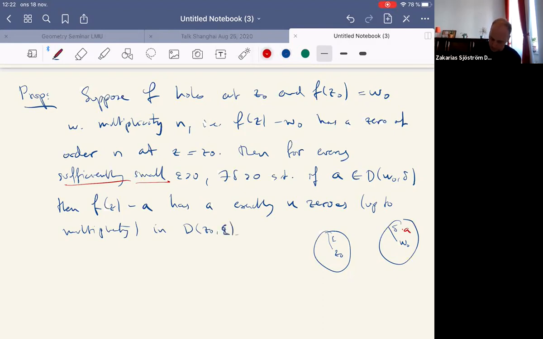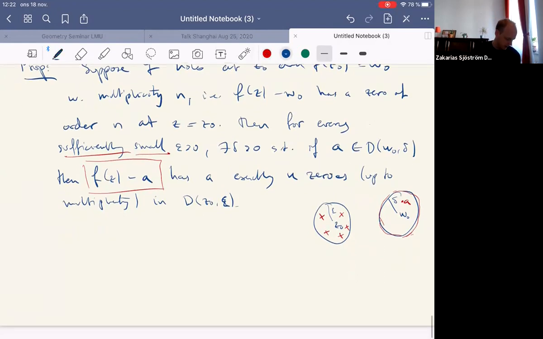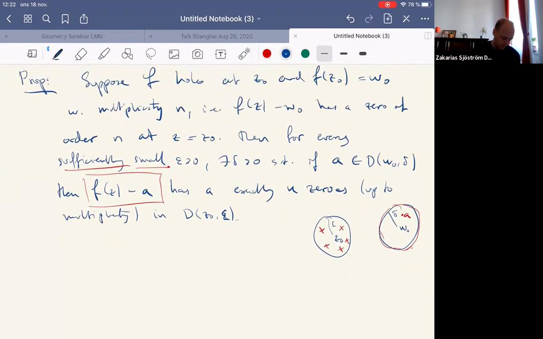So up to multiplicity, this a here has n pre-images in here. And this means then that this equation f of z equals a must have n solutions if a is sufficiently close to w0, where the equation f of z equals w0 had n solutions. So this is what this proposition says.